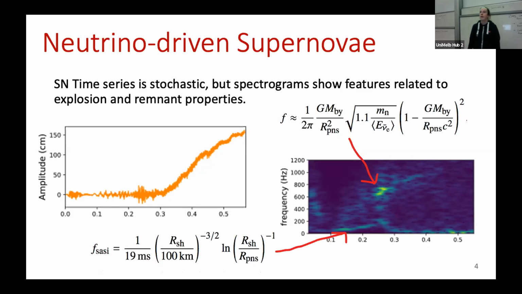To understand gravitational wave signals from supernovae, you have to do 3D simulations. They take a good few months just to do 1 second of one supernova signal.